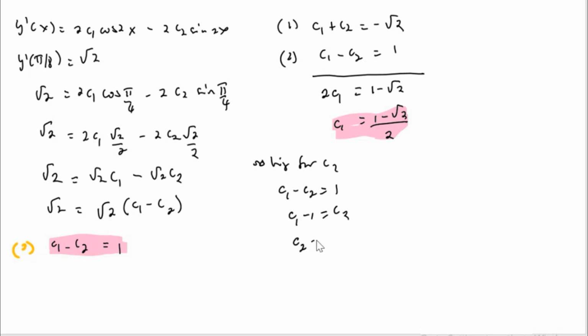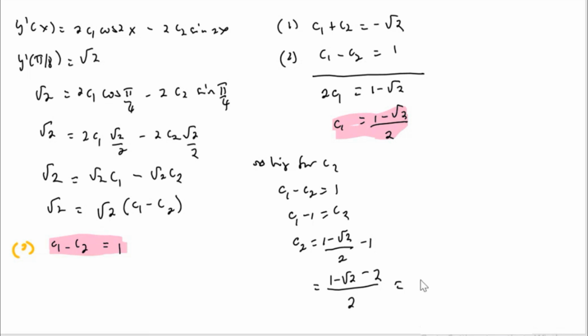Or we have c sub 2 is equal to c sub 1, which is 1 minus square root of 2 all over 2, minus 1. So simplifying the two terms we have here, the LCD is 2. So 2 divided by 2 is 1 times the numerator, we have 1 minus square root of 2 minus 2 times negative 1 is negative 2.